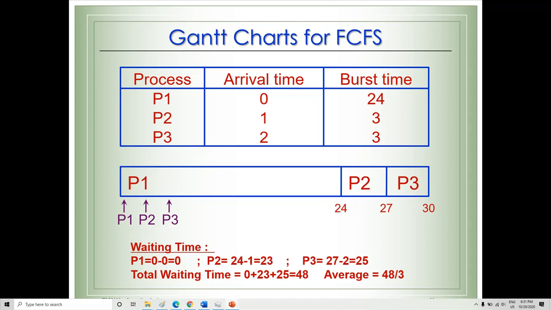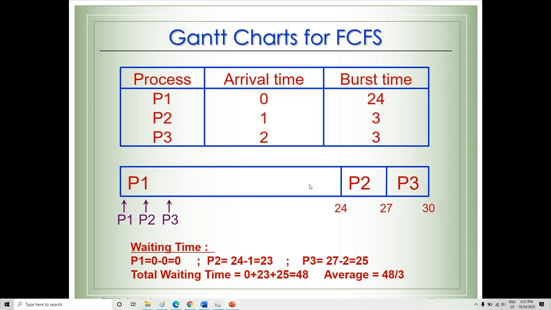So if the scheduling algorithm allocates the CPU in this manner, that is, it gives the CPU to a specific process until the process terminates or the process goes to the input output queue, and till then the process is allowed to execute with the CPU, then we call that type of algorithm non-preemptive.